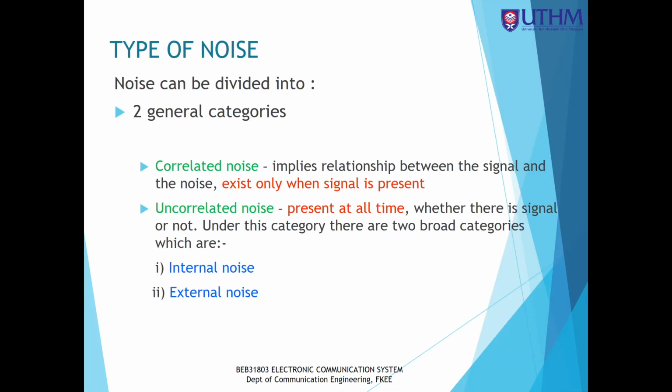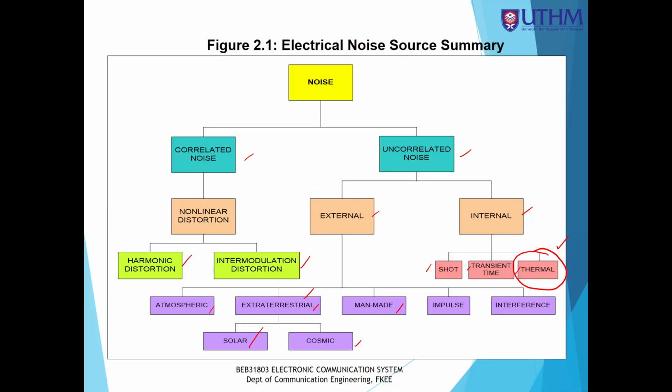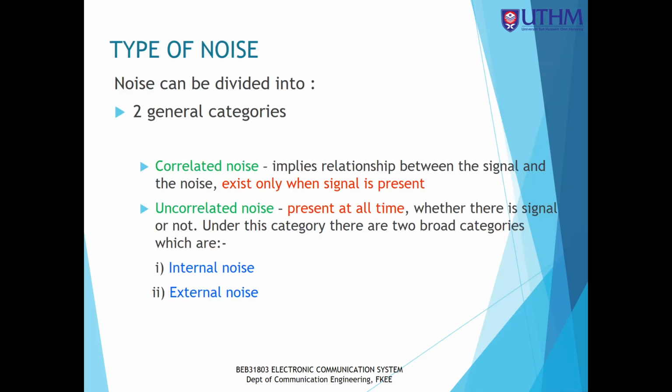Next, the type of noise. As we saw from the previous, noise can be divided into two: correlated noise and uncorrelated noise. Correlated noise implies that the relationship between the signal and the noise exists only when the signal is present.